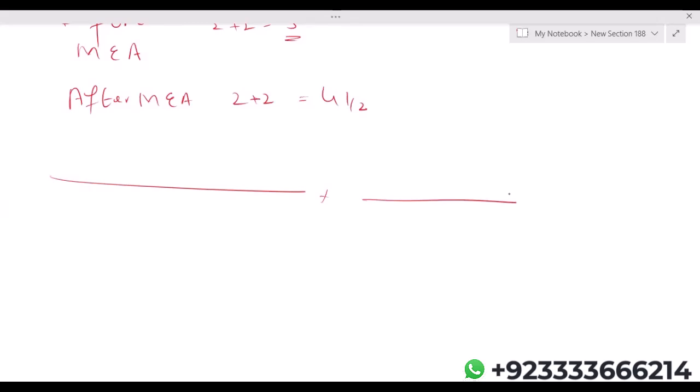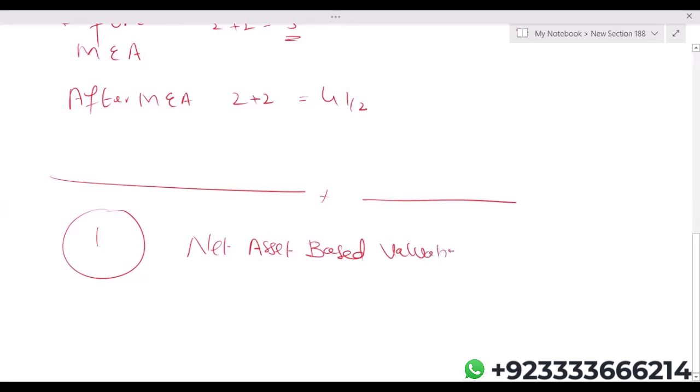Let's start from the first method of business valuation, which is net asset based valuation. Now, what do you mean by net asset based valuation? It's very simple.